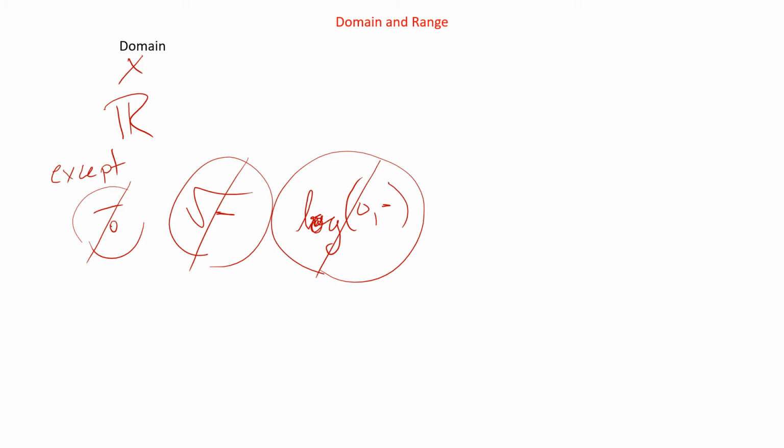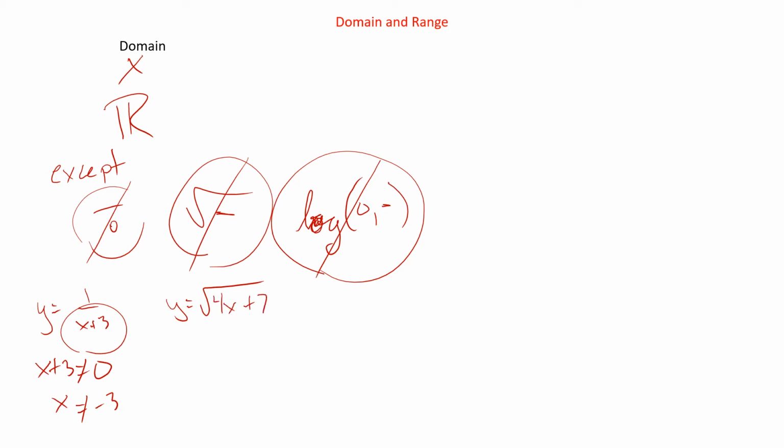So how would we be able to tell a domain? Well, if we had y equals 1 over x plus 3, we just know that this x plus 3 can't equal 0, so that means that x can't equal negative 3. Underneath the square root, let's say we have y equals the square root of 4x plus 7.